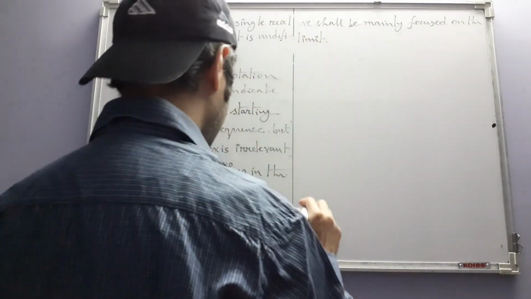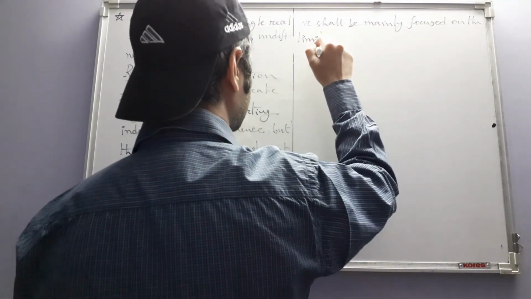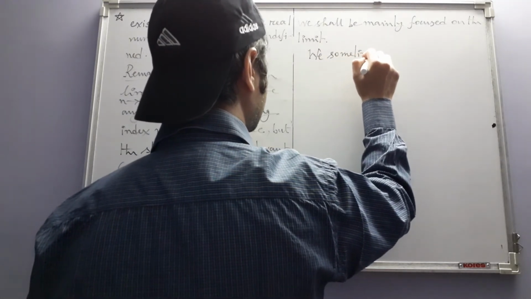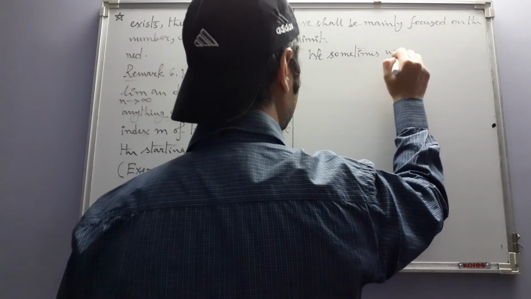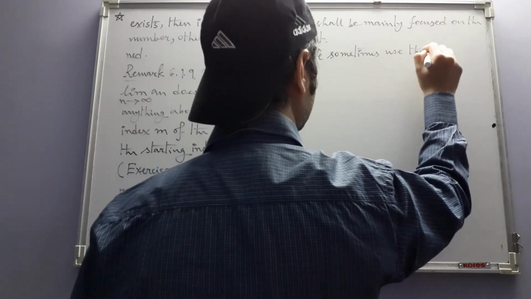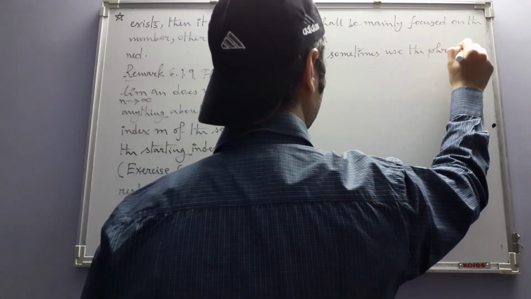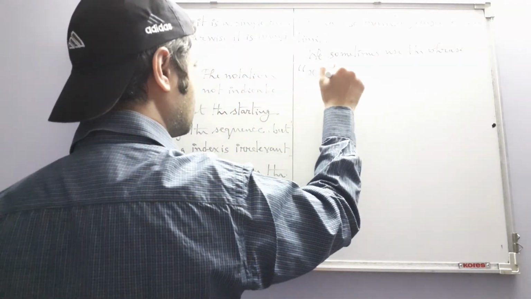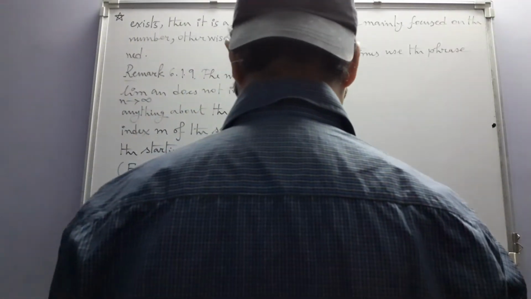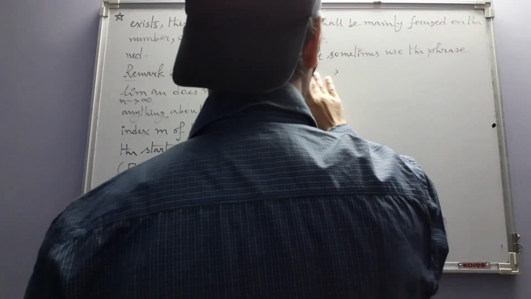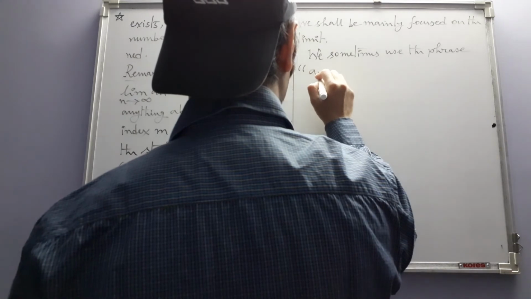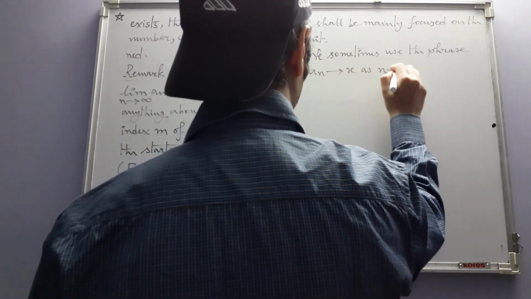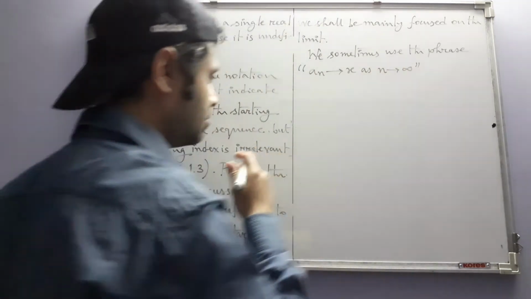Another thing is this: we sometimes use the phrase x_n tends to, or in fact a_n, because we are denoting it by a_n, tends to x as n tends to infinity. That's how we read it.